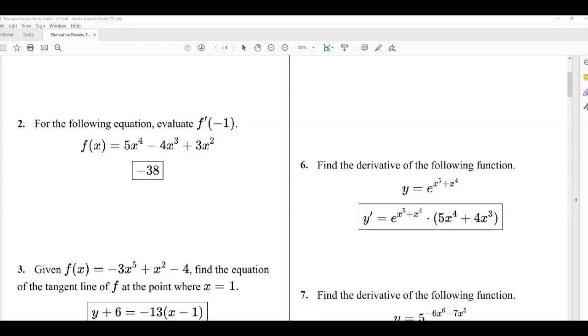Number 2. For the following equation, evaluate f prime of -1. So that means we're going to take the derivative first, and then we're going to plug in -1. So f prime, using the same steps as the problem above, we do the power rule. The derivative would be this.